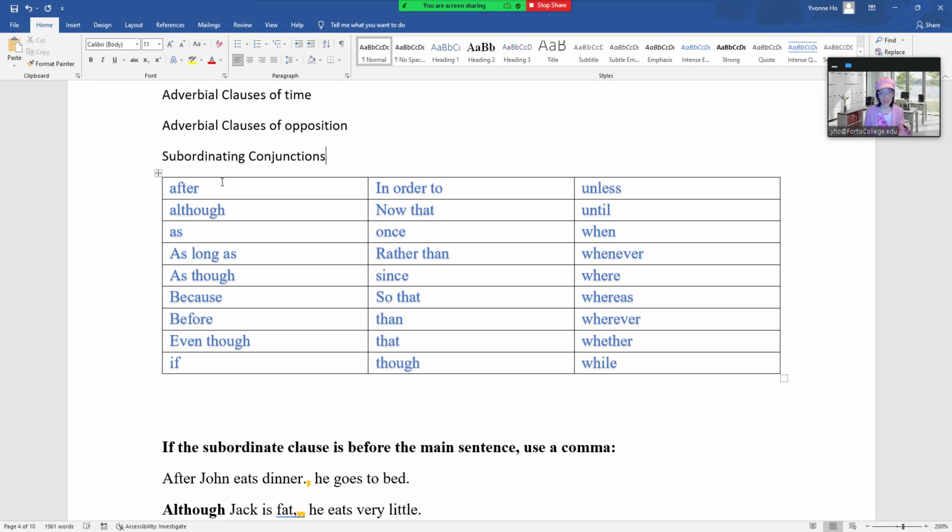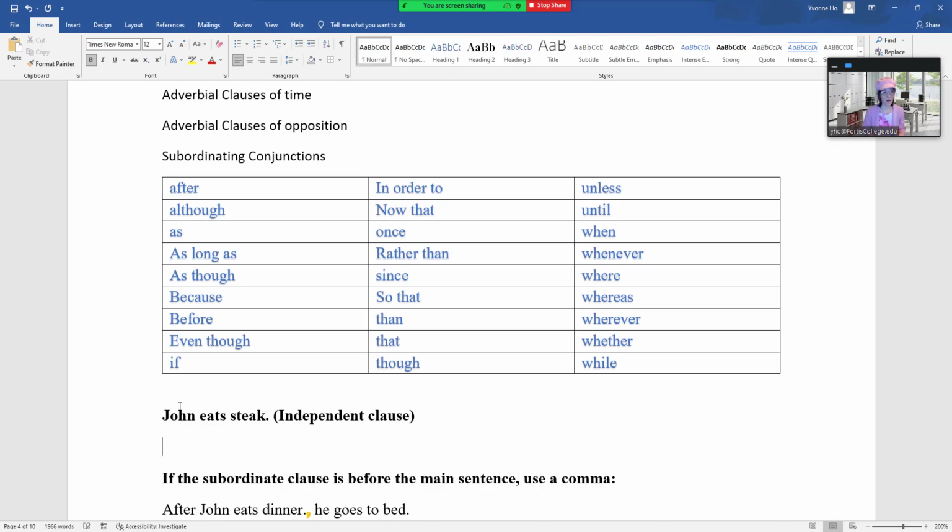And if you use any of these words in front of a sentence, you automatically turn that independent clause into a dependent clause. So let me give you a quick example. So if I say, let's get back to, John eats steak. Now, this is an independent clause because this is a complete thought, right?